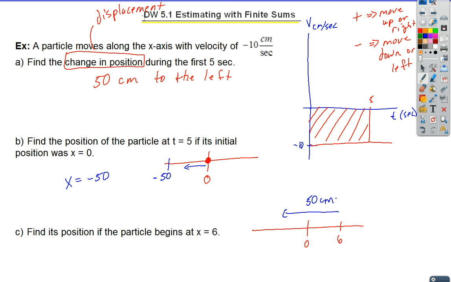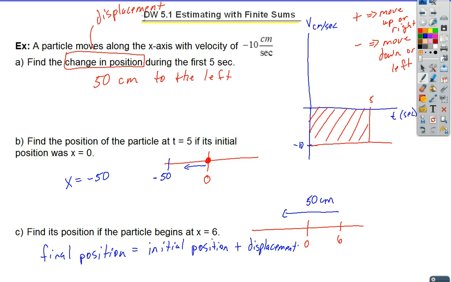This is where we come up with a very important idea, and that is that my final position is equal to my initial position plus my displacement.